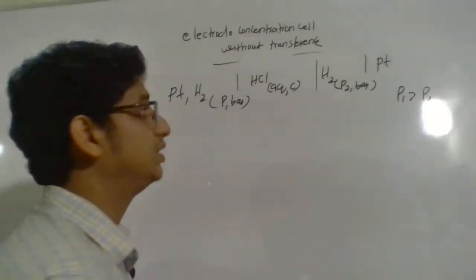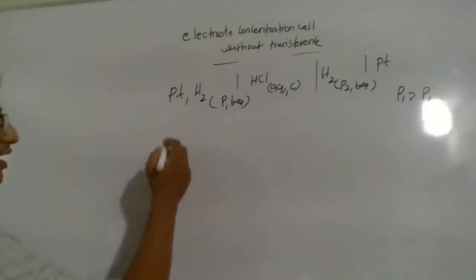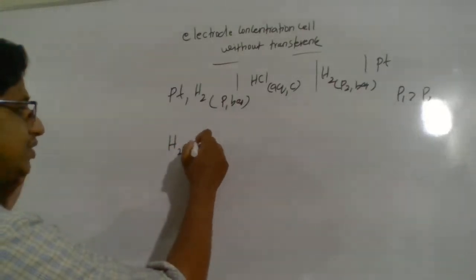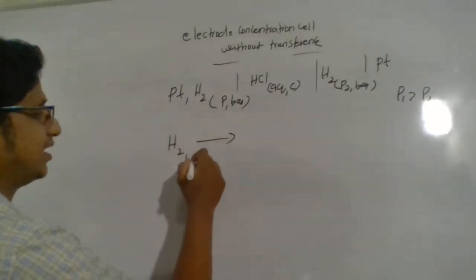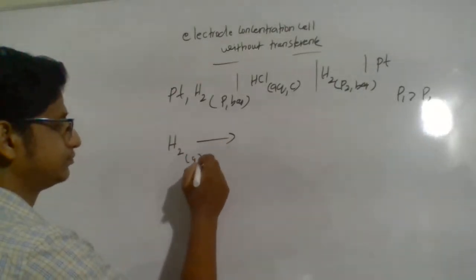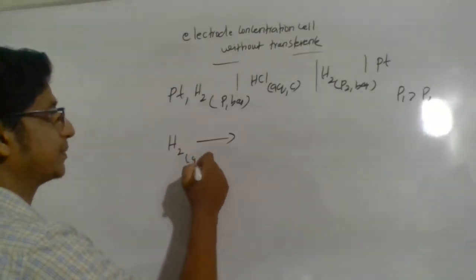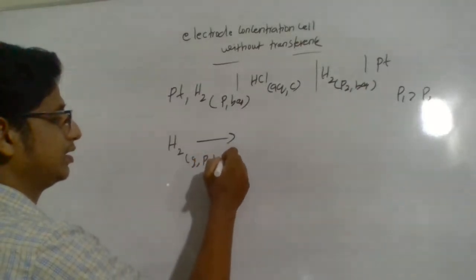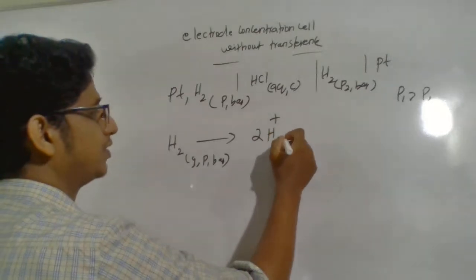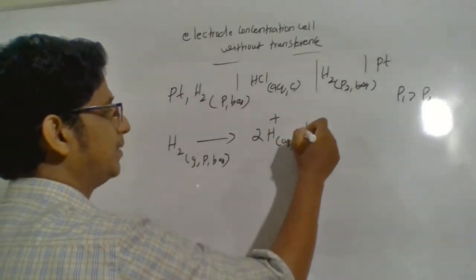So let us now think about the anode and cathode reactions. Anode reaction, definitely anode means always release of electrons. So hydrogen gas with the pressure P1 bar is converting into H plus ion, aqueous, plus 2 electrons.